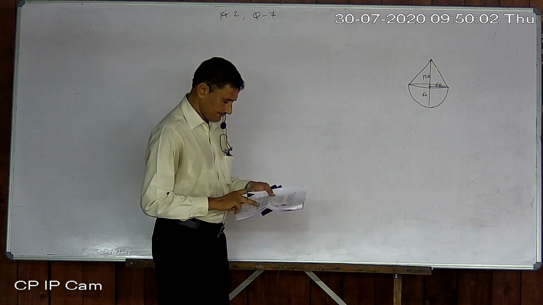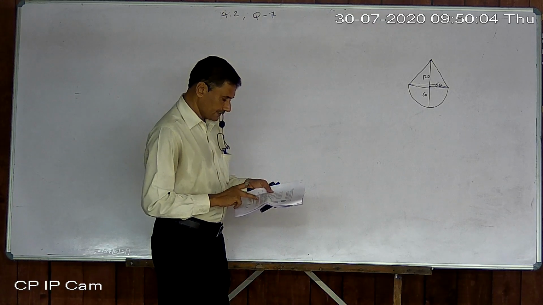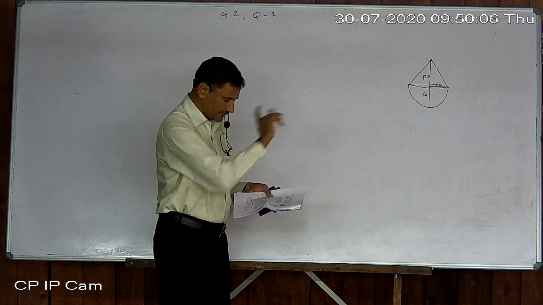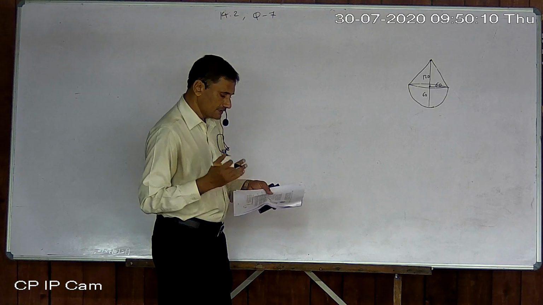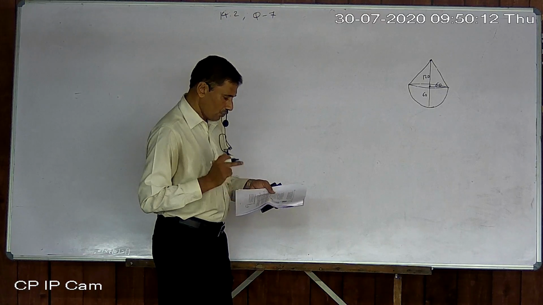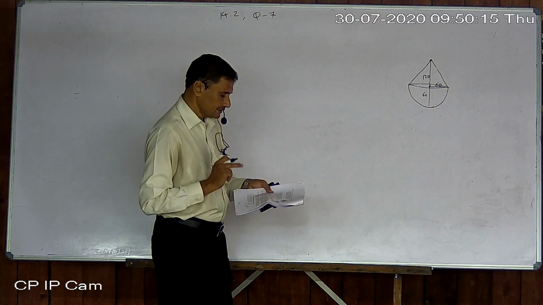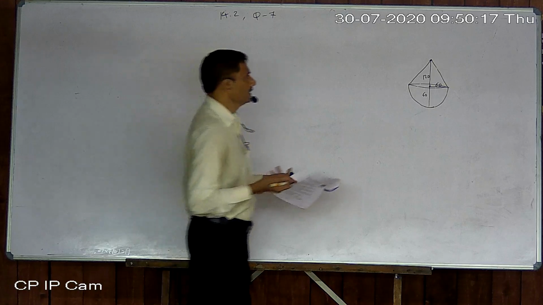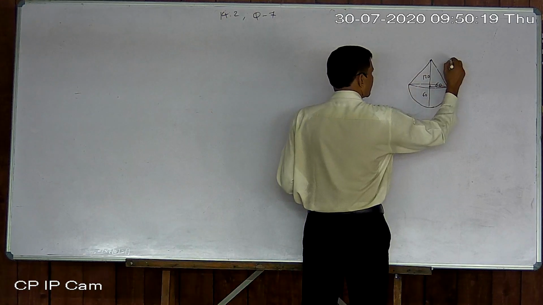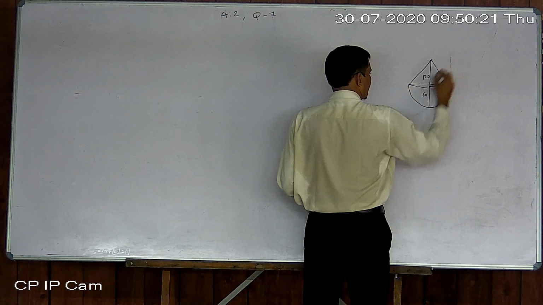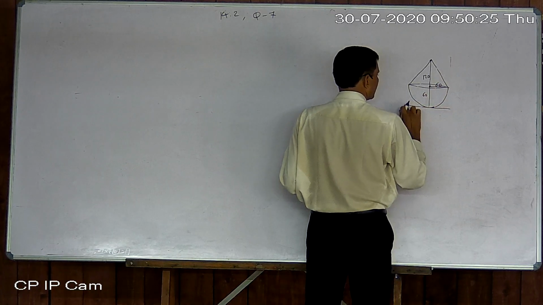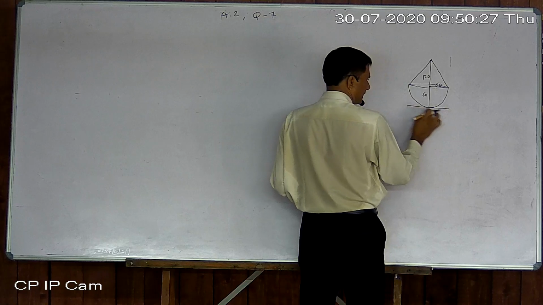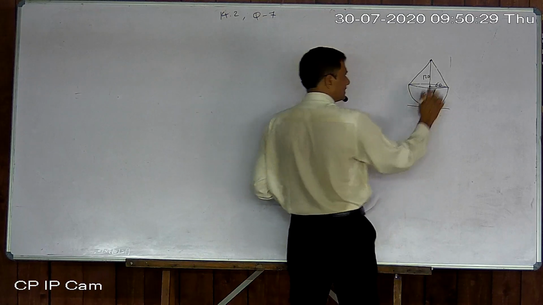Now what is given? A cone standing on a hemisphere of radius 60 centimeter is placed upright in a right circular cylinder full of water such that it touches the bottom. So touching the bottom means the cylinder is exactly at the bottom of this hemisphere.